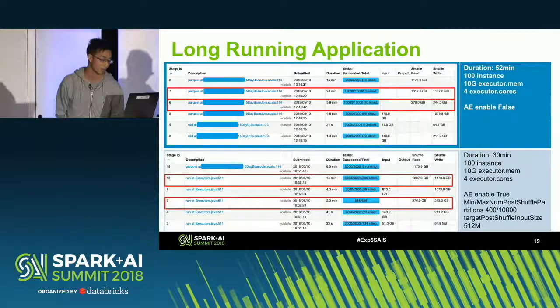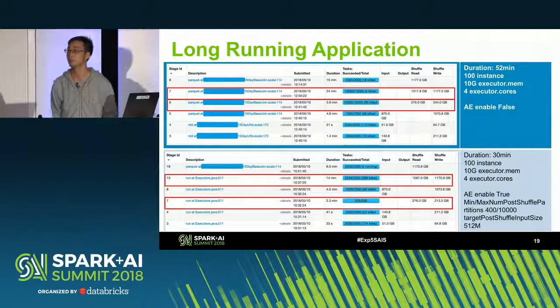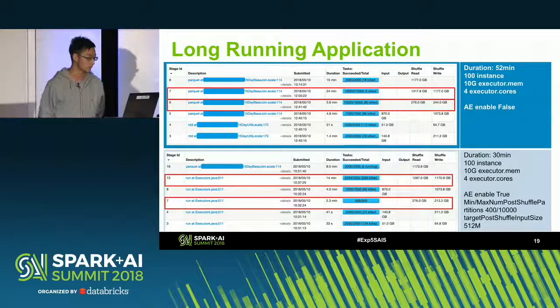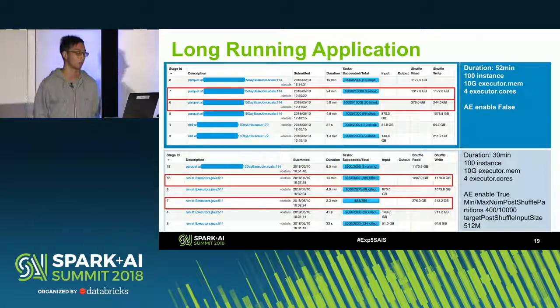In this case, you can find that the number 13 and the number 7 stage have a big improvement. This strategy can bring the duration from 52 minutes to 30 minutes, almost 100% improvement ratio.